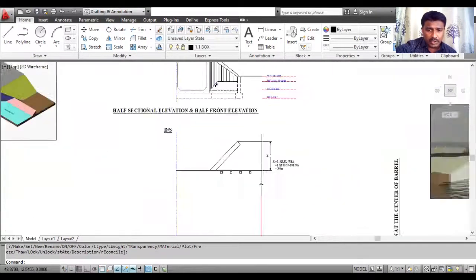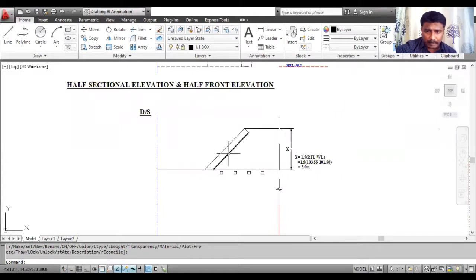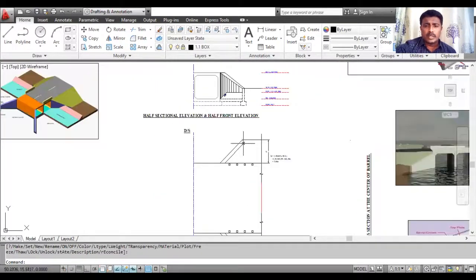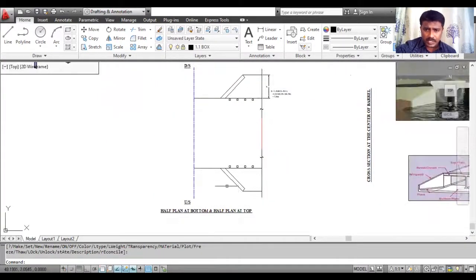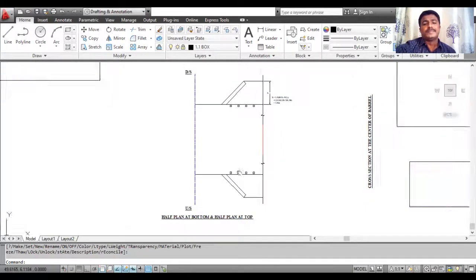So here you have to draw parallel lines with respect to this line. So draw thickness is equal to 0.45 meter. That is the top width of a wing wall given. So then ಈ similar procedure ನ follow ಮಾಡಿ you have to draw another side.